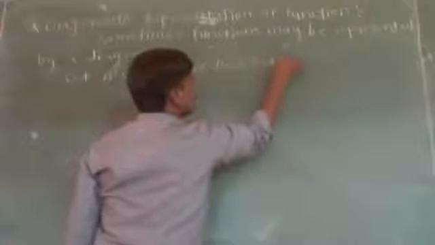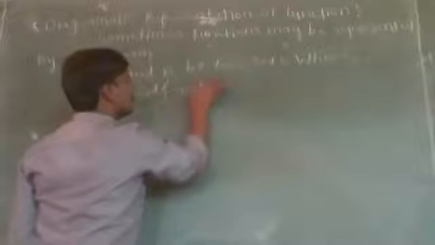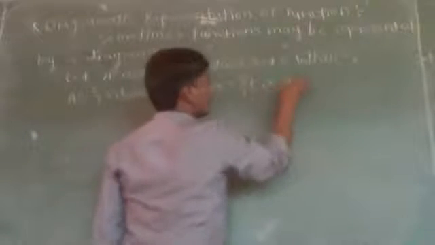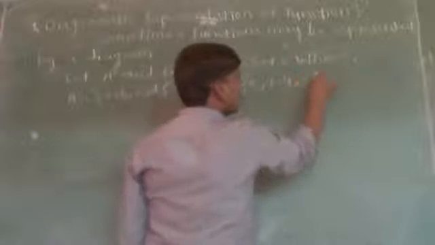Let A and B be two sets, where A contains a, b, c, d and B contains t, x, y, z.